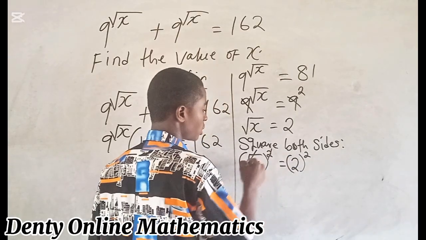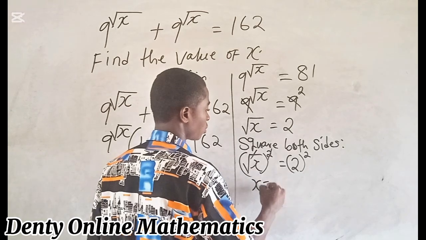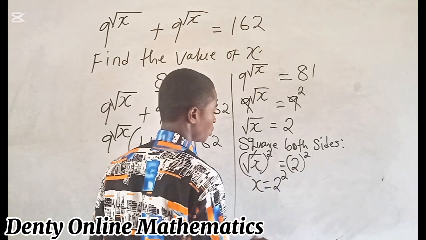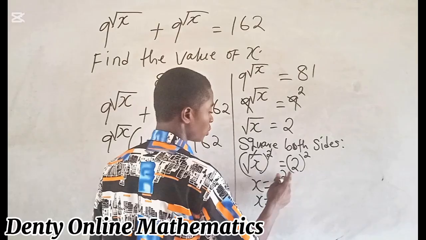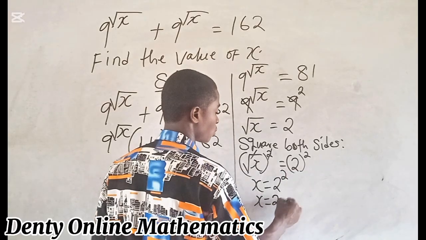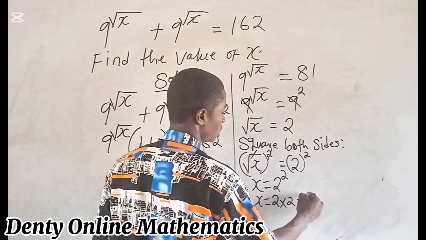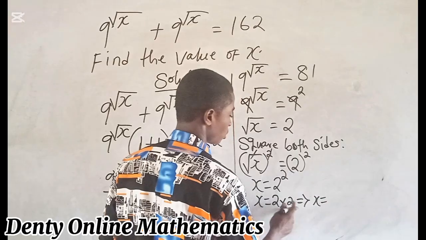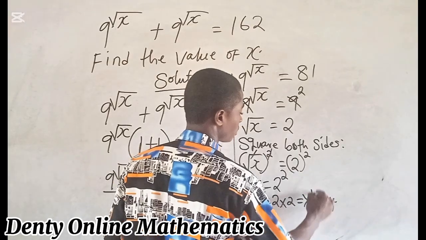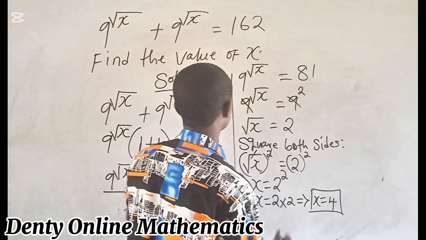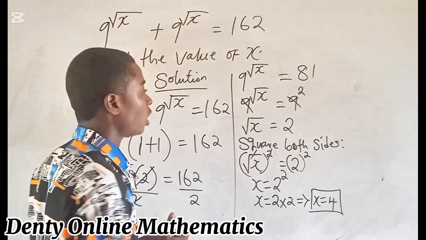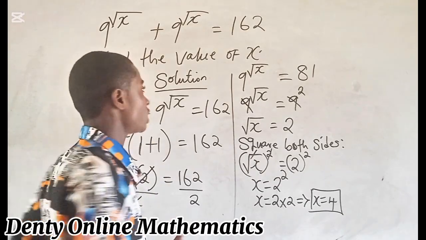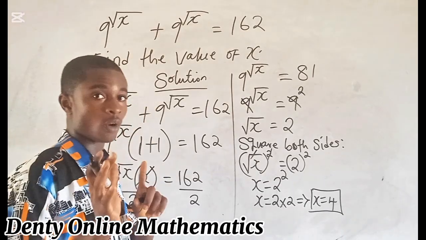Now this square will cancel out the square root, and x will be equal to 2 raised to the power of 2, the same thing as 2 times 2, which implies that x will be equal to 4. So the value of x that will satisfy this equation is 4.